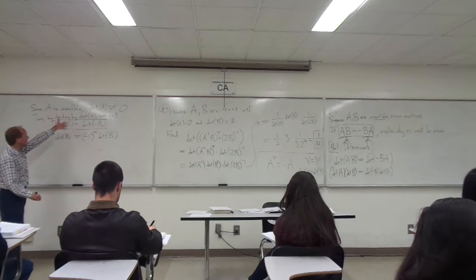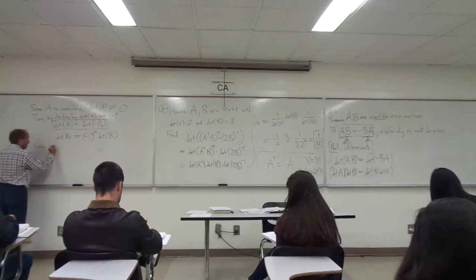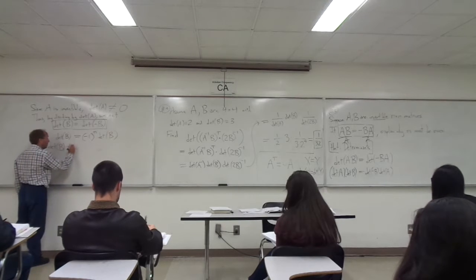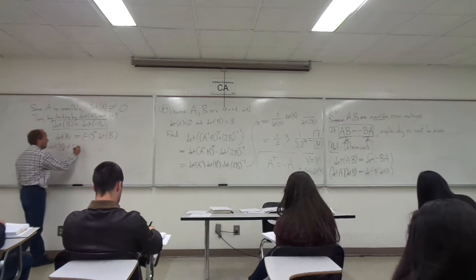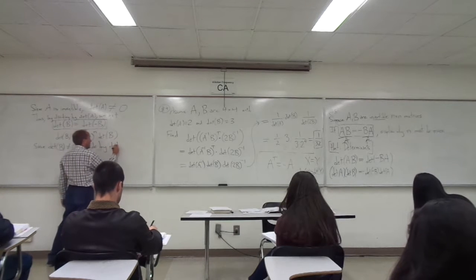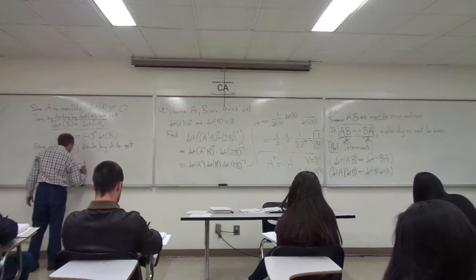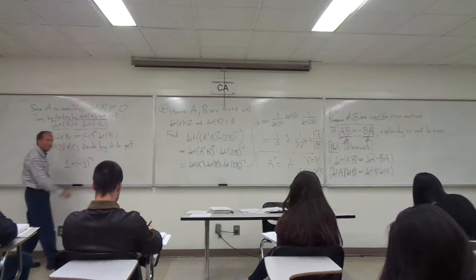And now by the same exact reasoning, since the determinant of B is not 0, because B is also invertible, divide by it to get 1 is equal to (-1) to the n.